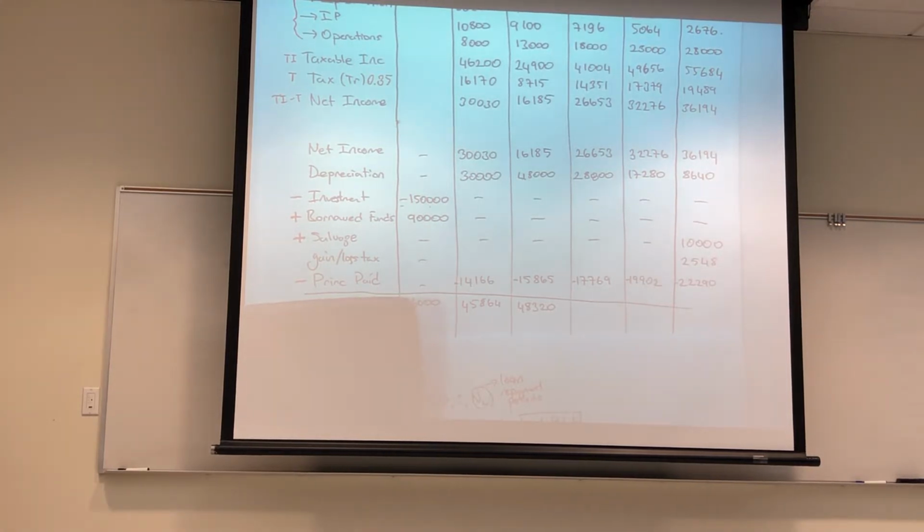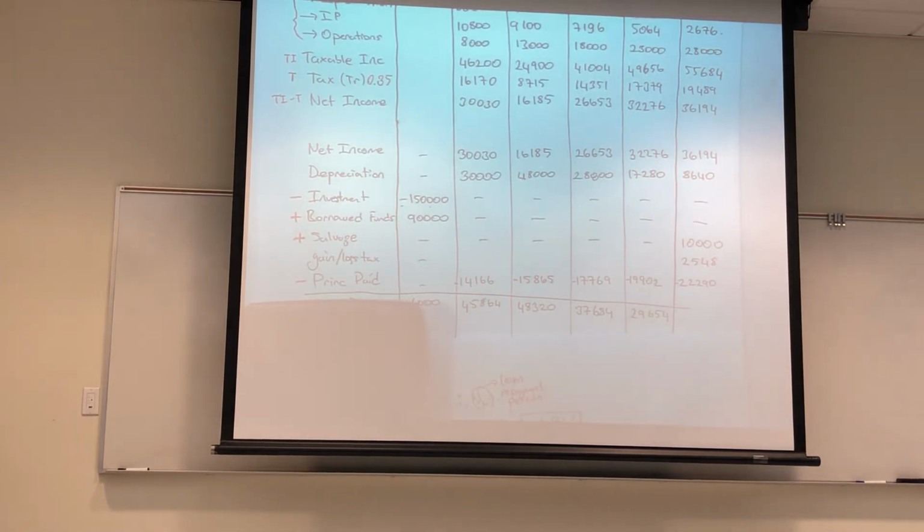That's plus 28,800 minus 17,769, 37,684. 32 plus 17,280 minus 19,92, 29,654.